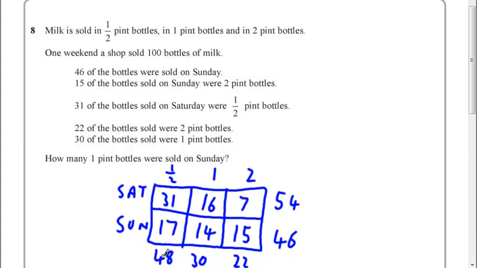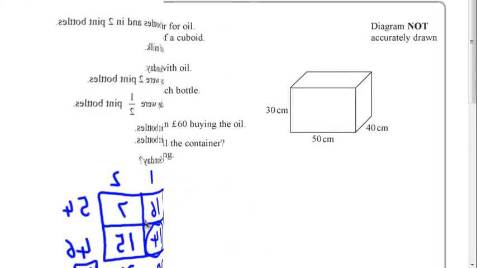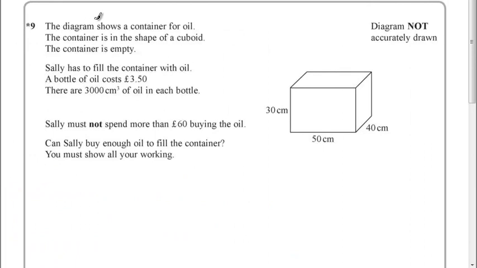This should add up to 100 as well. 48 and the 22 is 70 and 30. Yes, it all makes 100. Good. So we've got our answer. How many 1-pint bottles were sold on Sunday? 17 1-pint bottles on Sunday.